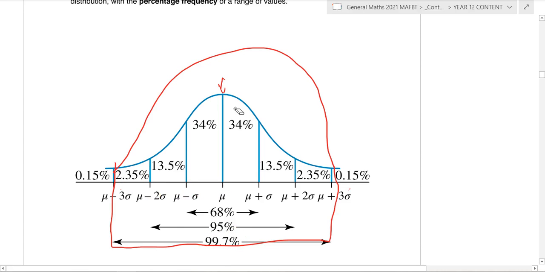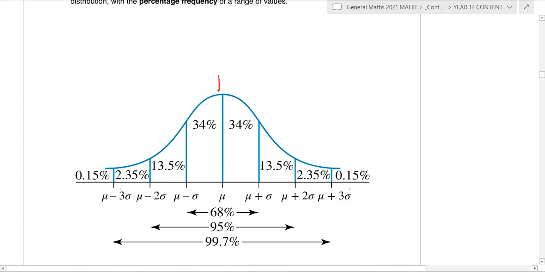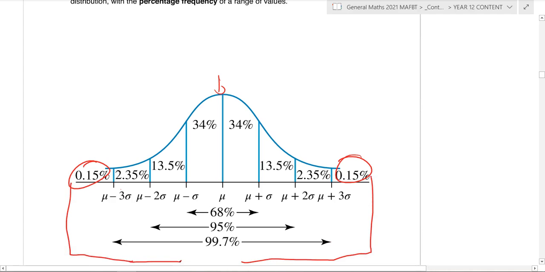And then the last 0.3% from the middle are these. So these would be considered, I guess, 4 standard deviations away, which is quite far anyway. But the last 0.3 is beyond. Okay, and obviously, if you add all of this up, it will equal 100% of your data.